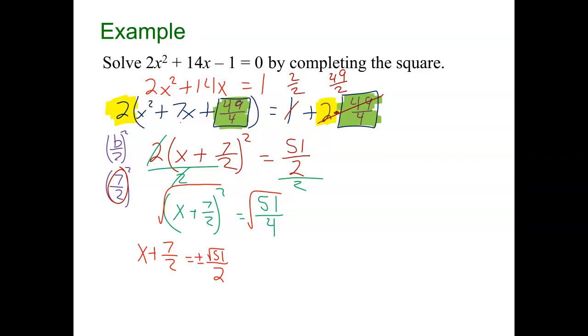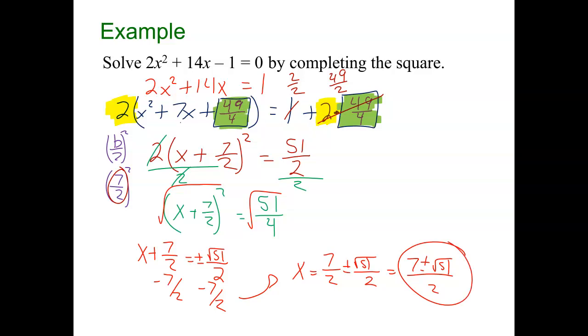See, now it's looking like what we did yesterday. Subtract 7 over 2. Negative 7 over 2 plus or minus root 51 over 2, and they have the same denominator. So there we go.